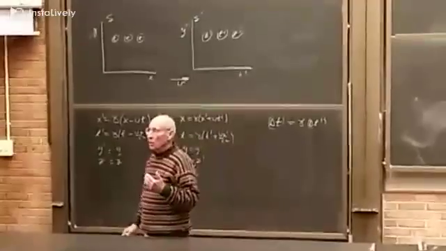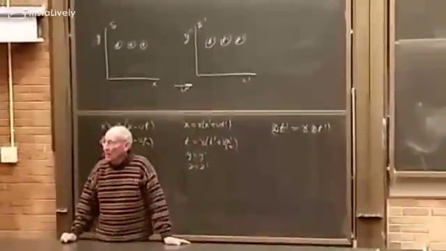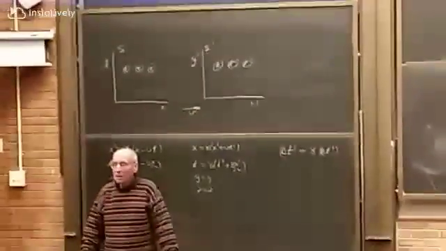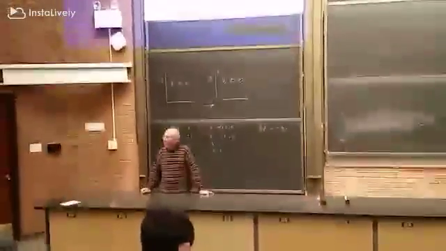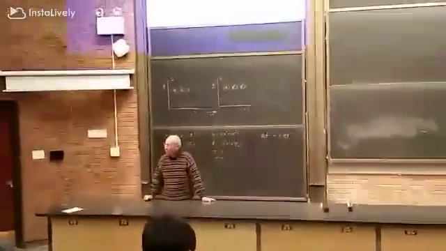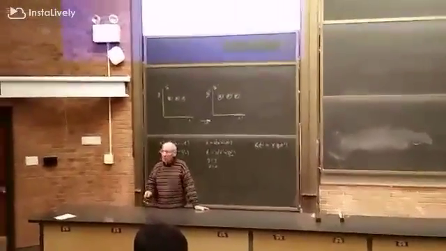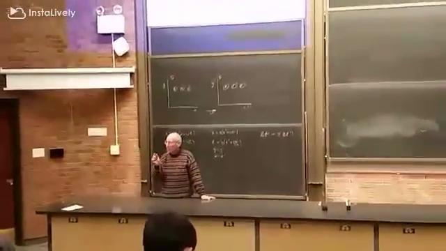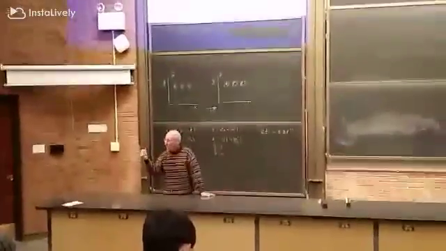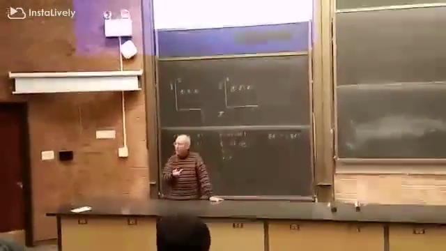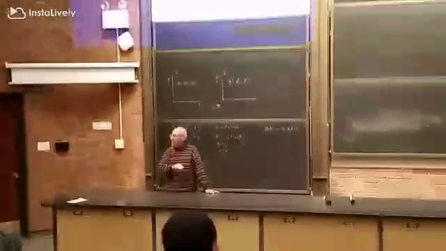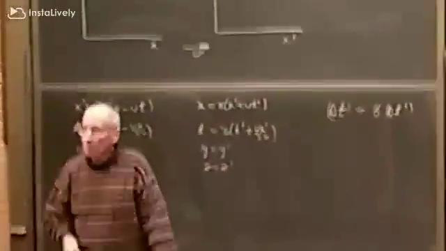It would appear to run slow, so that 1 second in the S prime system would be like 5 seconds in your system. On the other hand, if we looked at the clock that was directly overhead, which would mean a different clock each instant because S prime was moving, then you got the reverse answer. That those clocks appear to run more slowly.